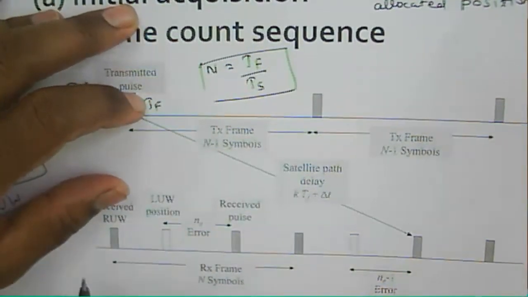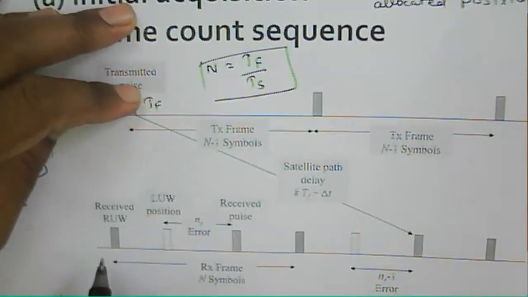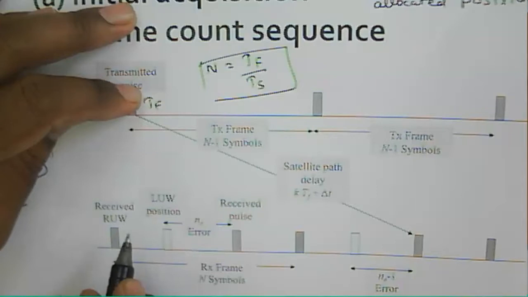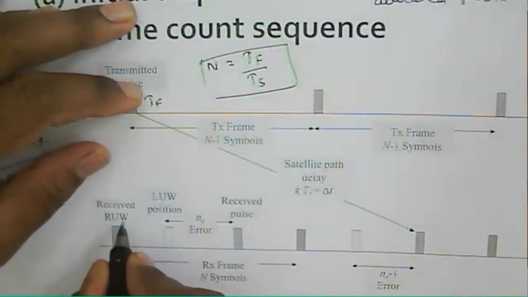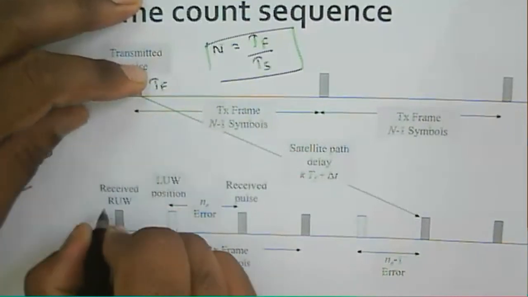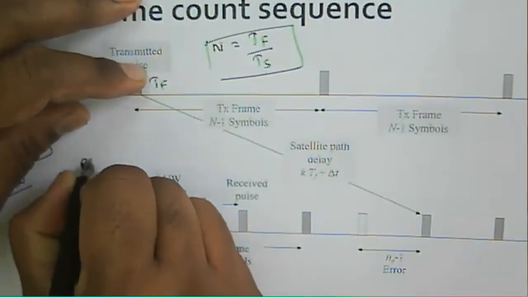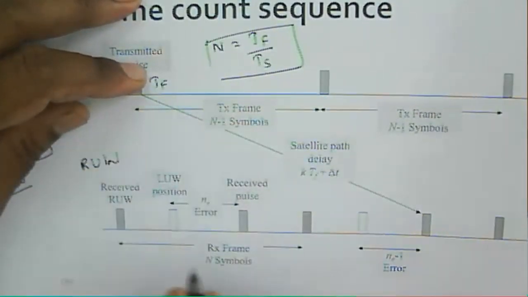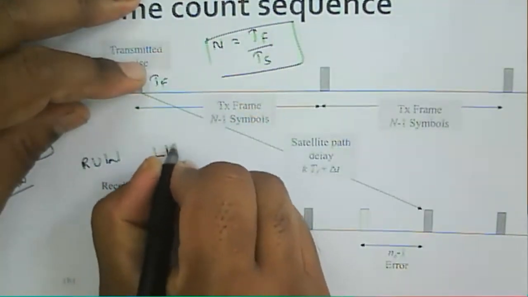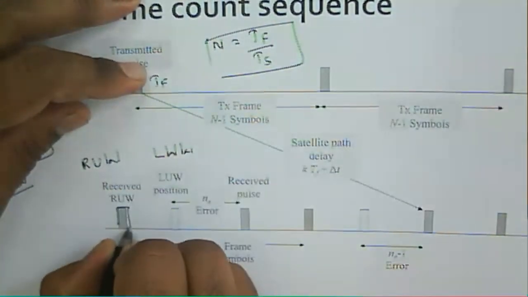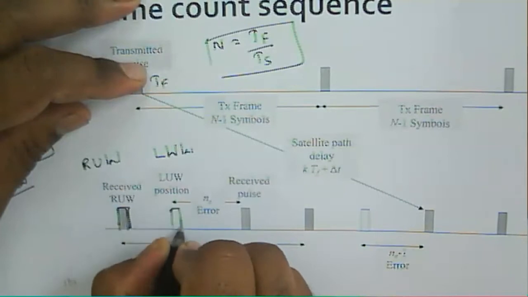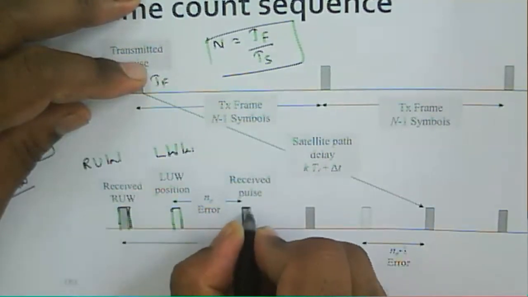Now in this case, if you see here, on the received side we have a received RUW word. This is the received RUW word, this is about the LUW position, and this one is about a received pulse.